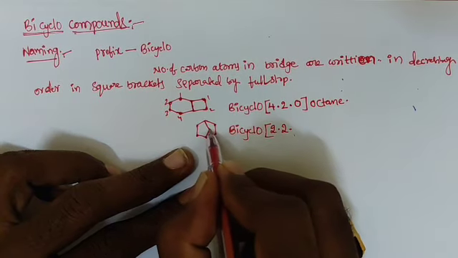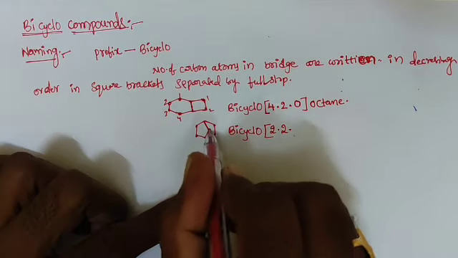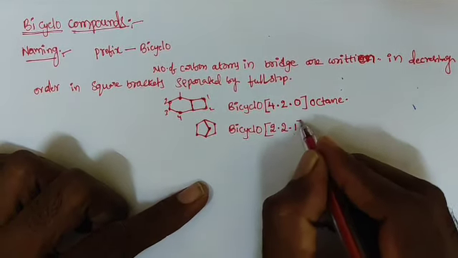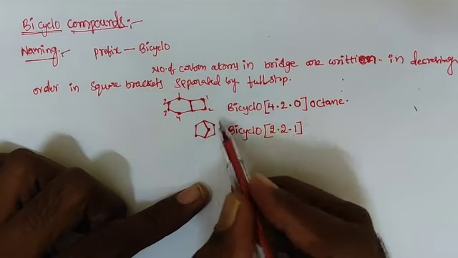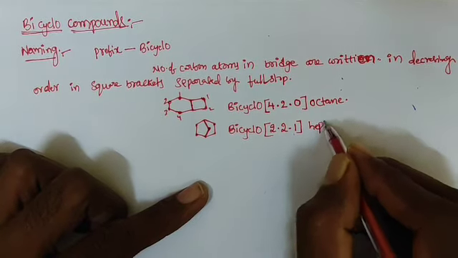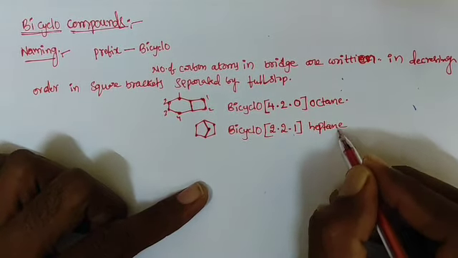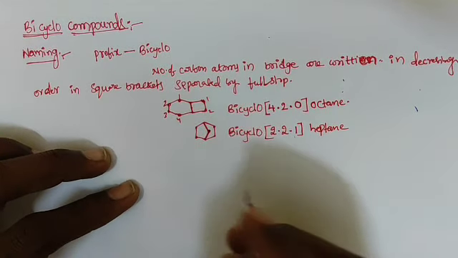Here 1 carbon is in this bridge, so 1. Close the brackets. Total number of carbons is 7, so heptane. Hepta means 7. This is the name of that compound.